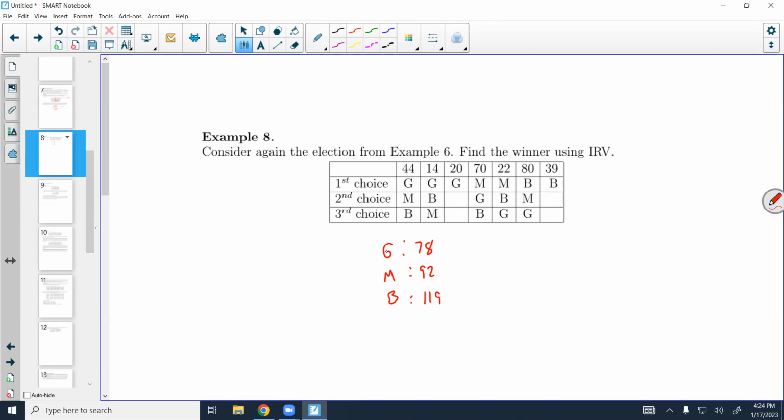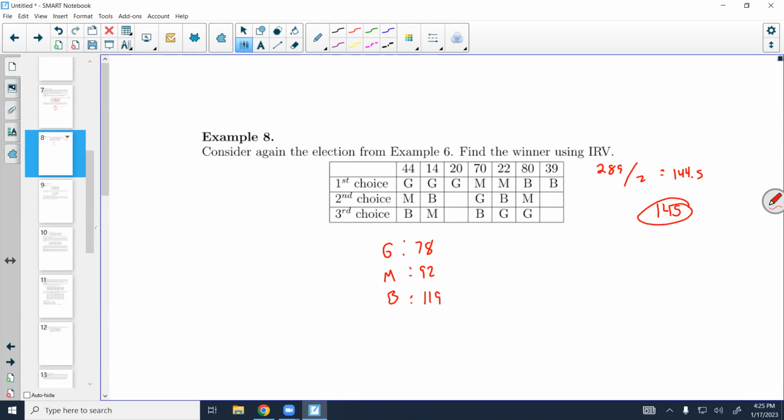So we have a total of 289 votes. To find the majority, we divide that by 2. 289 divided by 2 equals 144.5, which rounds up to 145 for a majority.